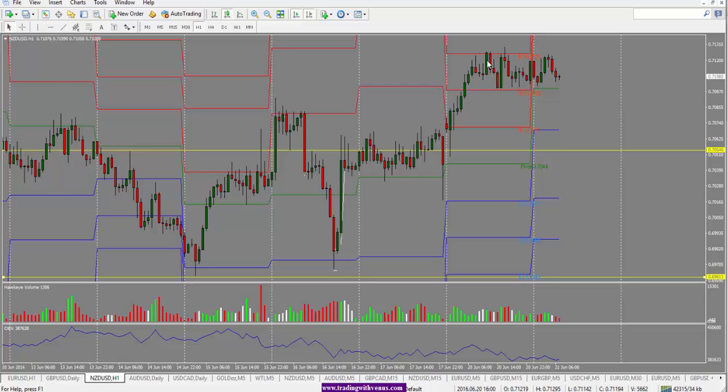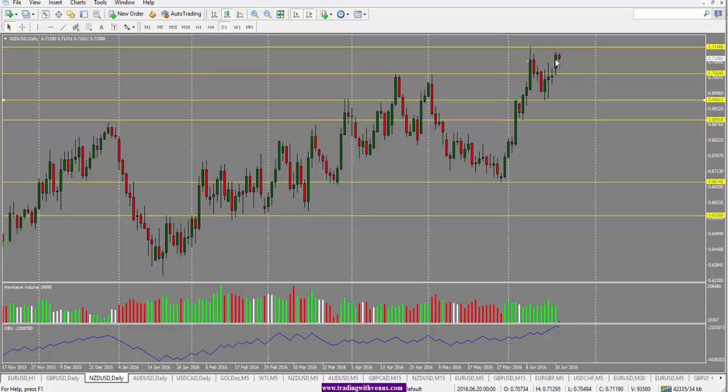Looking at the 1 hour chart here, we have seen the New Zealand dollar run into some resistance, and now it's trading in this very tight range. At this point, we may see a pullback into the 70.80 level here potentially, and then a further move to the upside. However, the pair is bullish at the moment.